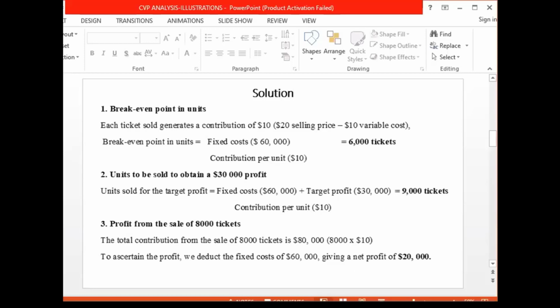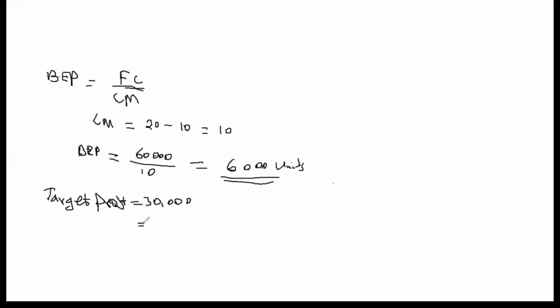So actually, this is the formula for that: fixed cost plus target profit divided by contribution margin. So this is how we determine our sales.